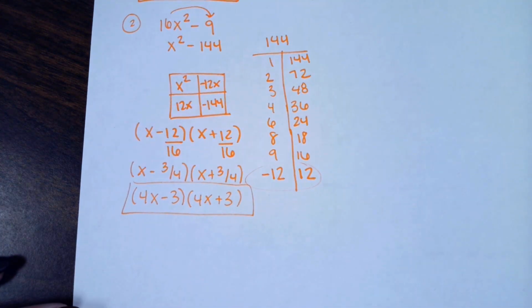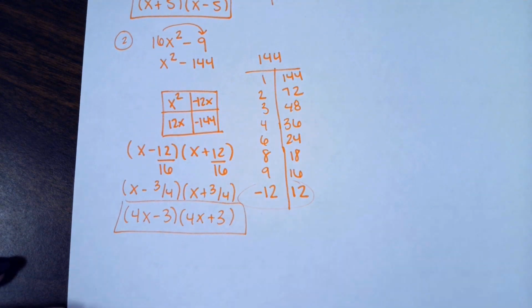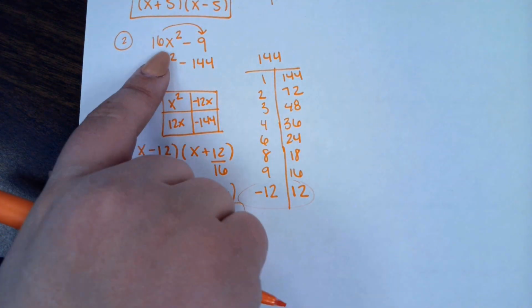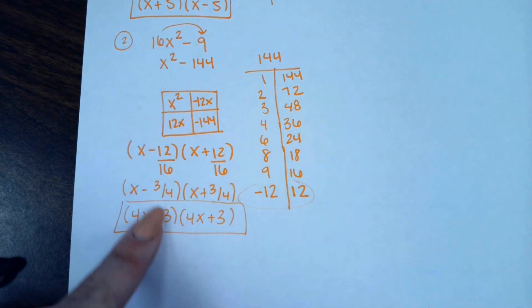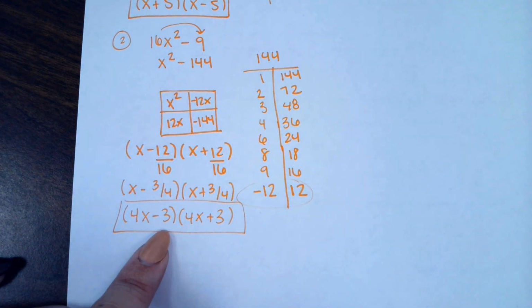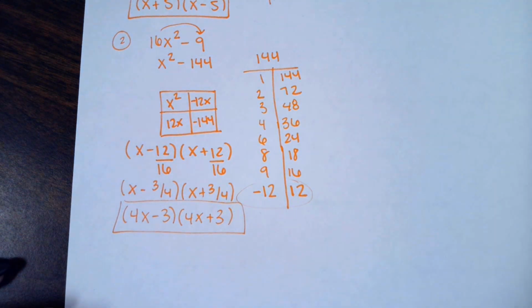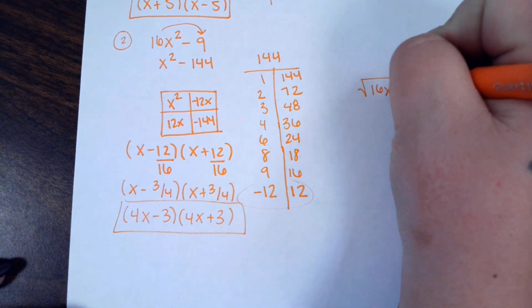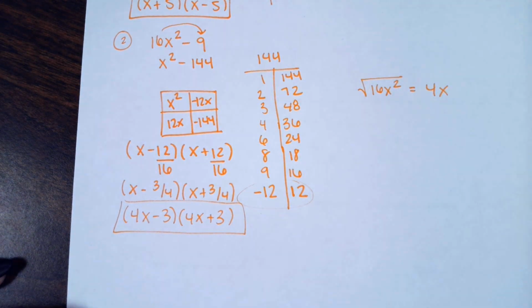So now, think about the relationship between 16 and 4, the relationship between x squared and x, and the relationship between 9 and 3. Hopefully you've realized that the square root of 16x squared gives you 4x.